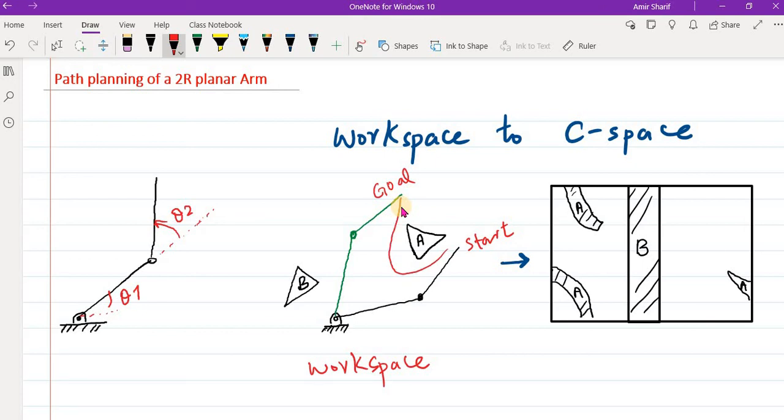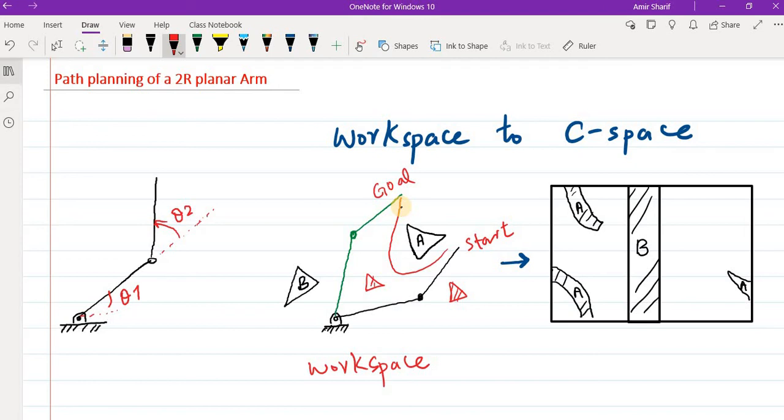But the problem with only considering the end effector is that if there are more obstacles, let's say somewhere here or here, then they cannot be included during the motion planning process.